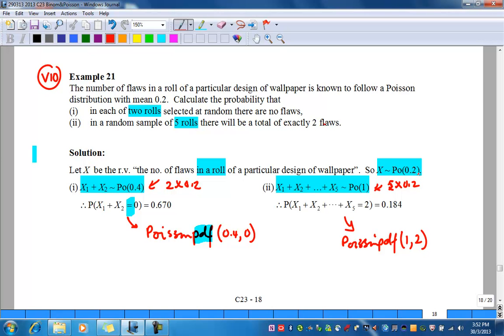And since we are talking about 2 flaws, it means the probability of X1 plus X2 plus X3 plus X4 plus X5 is equal to 2. And using the GC and calling for Poisson PDF, with lambda as 1 and x as 2, you get the answer as 0.184.